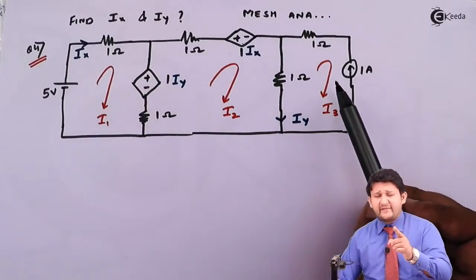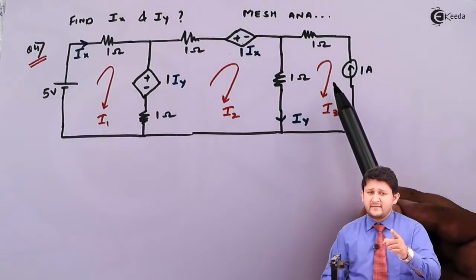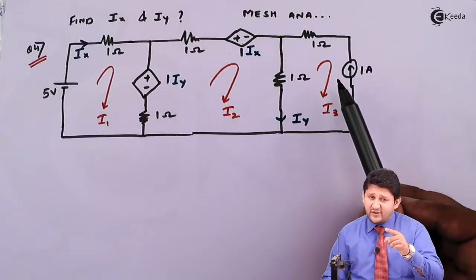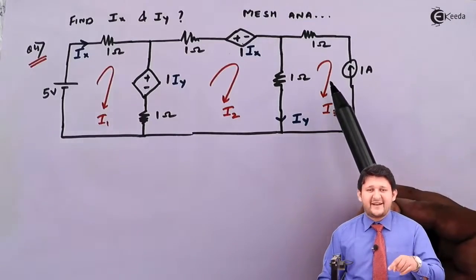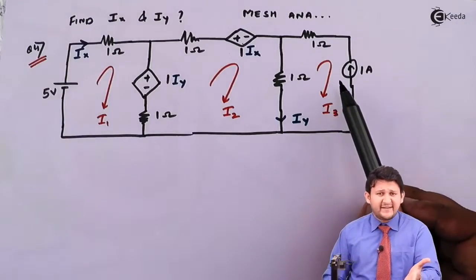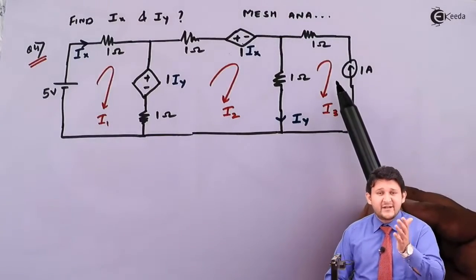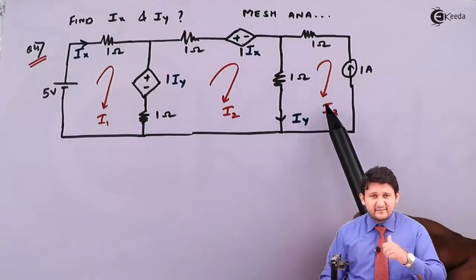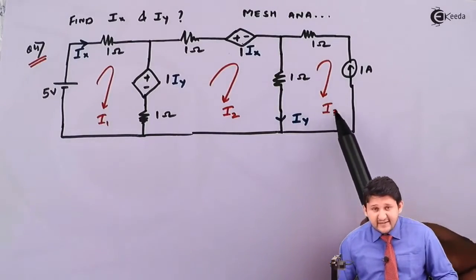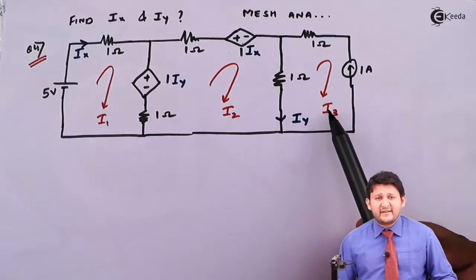When you can't apply KVL, that means the current is already given to you, because you apply KVL to find current. When you cannot apply it, that itself says your current is given to you. So your I3 is already given to you. You don't need to find I3.